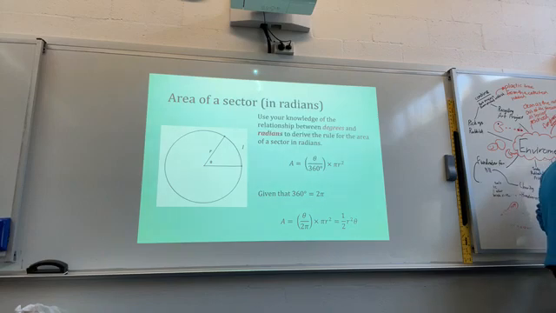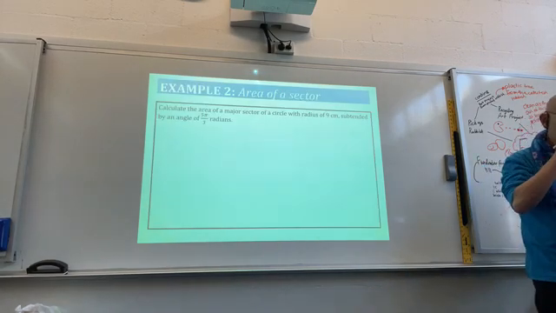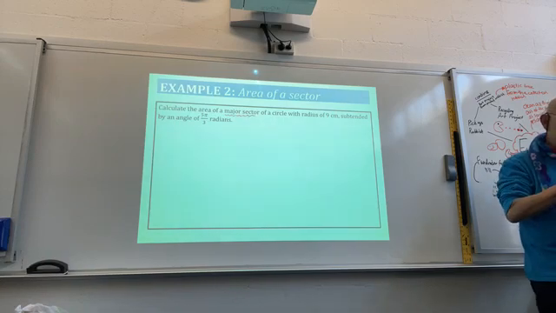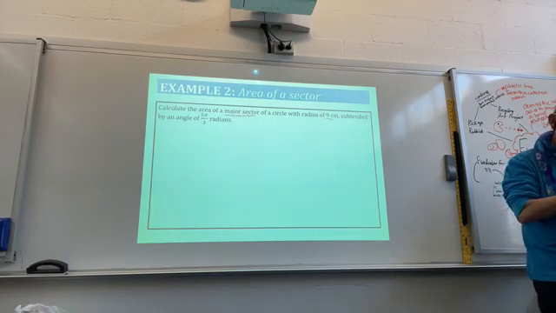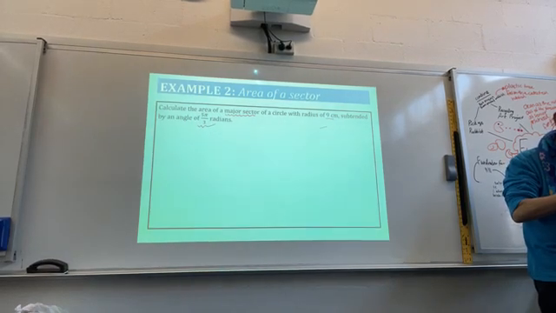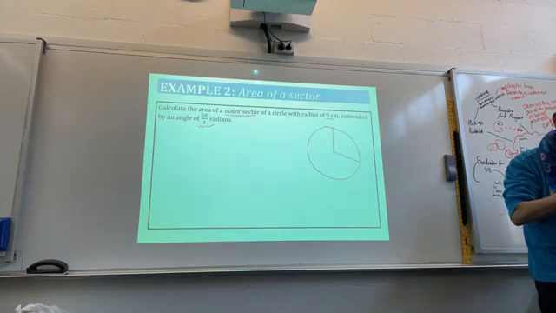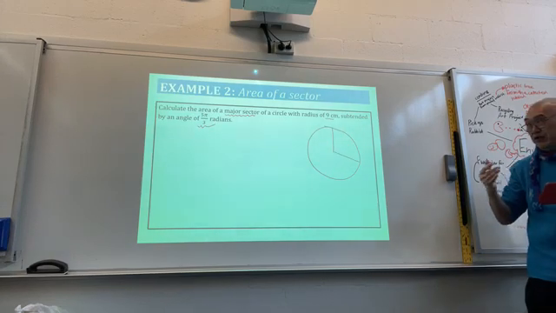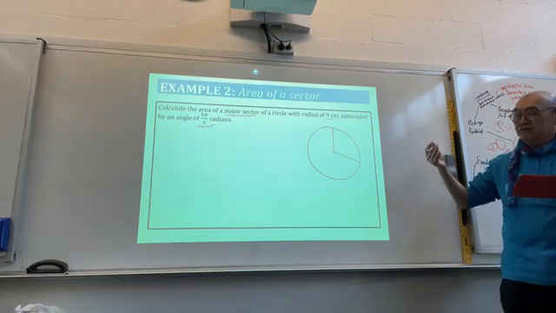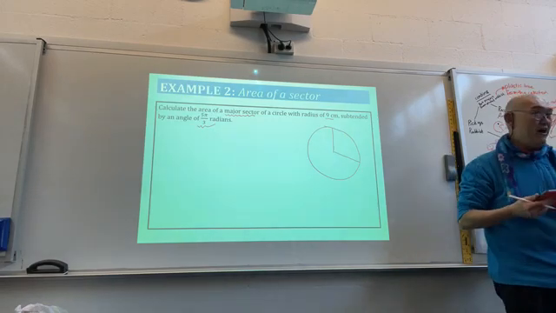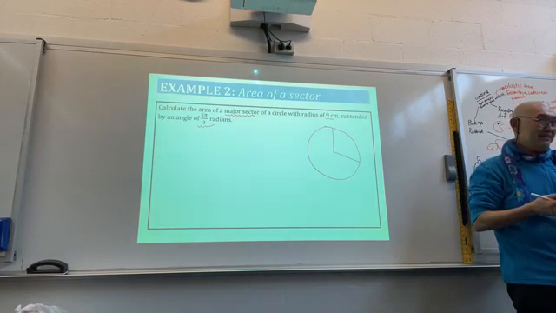Now to example number 2. Calculate the area of a major sector of a circle with radius of 9 centimeter subtended by an angle of 5 pi over 3 radians. So you know that one of the angles is 5 pi over 3. What would the other angle be?